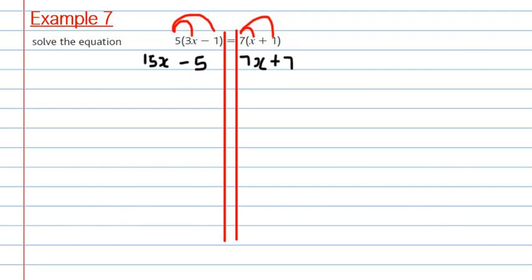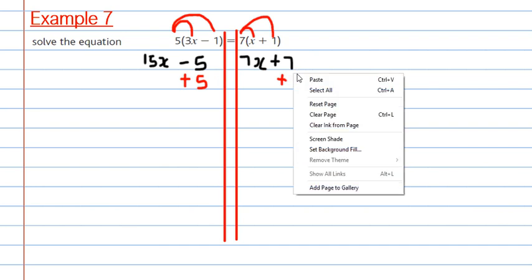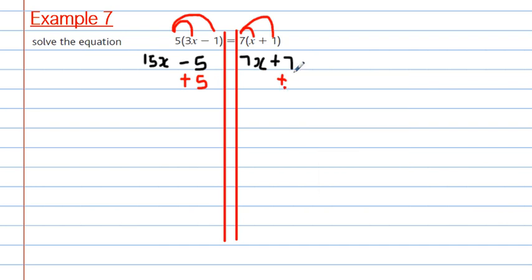Okay, let's start tidying. What do I want to do first? Shall I get rid of the minus 5 first? Okay, I'll do that. So I add 5 to both sides. Don't forget the number is staying with the number. It's easier like that.